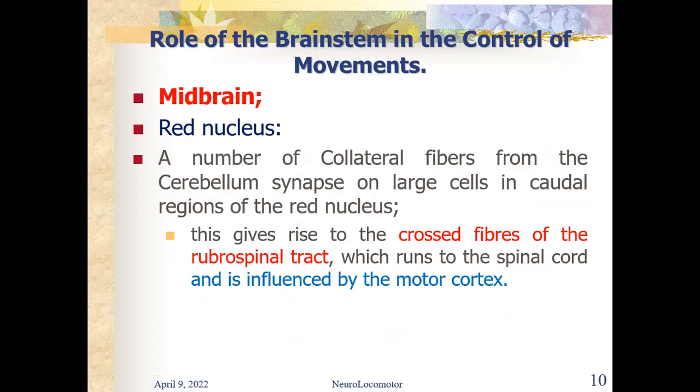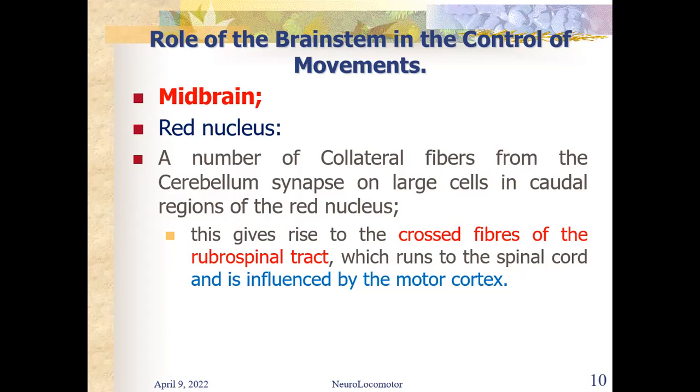That tells you that the rubrospinal tract arising from the red nucleus has crossed and uncrossed fibers, which descend to the spinal cord, which is also influenced overall by the motor cortex. Remember, the motor cortex also sends descending tracts that pass through the red nucleus. So those are the roles of the brainstem in the control of movement.